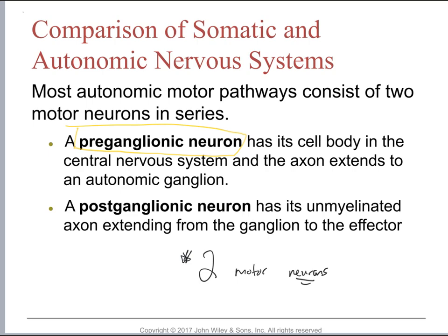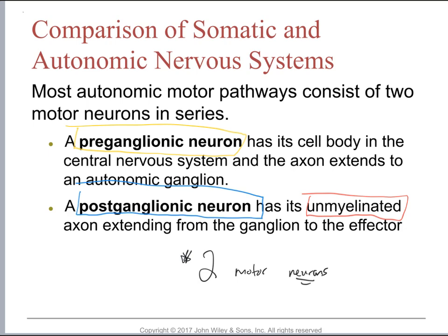The second neuron comes after the ganglia and is called a postganglionic neuron. Now, the postganglionic neuron has its, look at this big word here, unmyelinated axon extending from the ganglia to the effector.